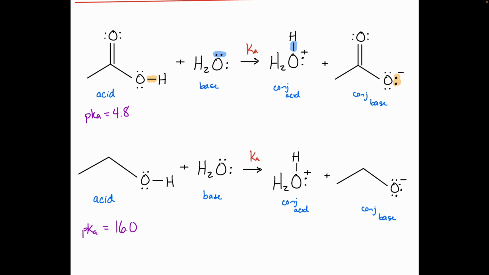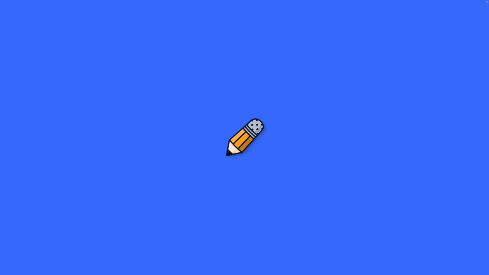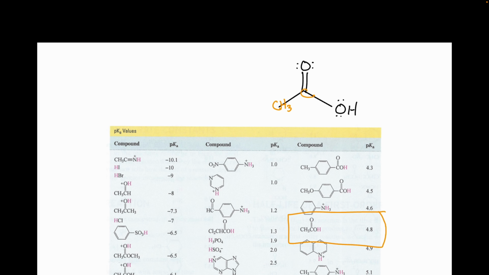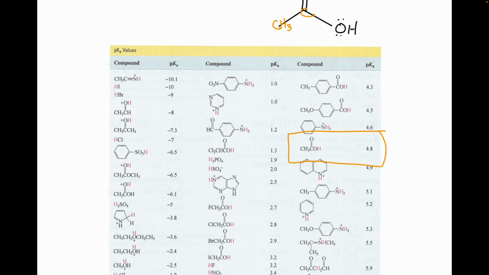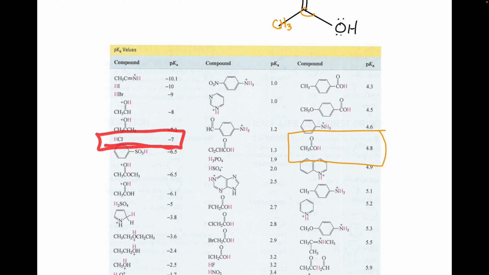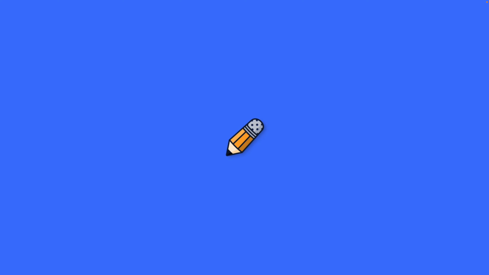The one on top with the lower pKa value. Just to go back to our chart, you can kind of convince yourselves by looking at these as well. The things that we think of as very strong acids, hydrochloric acid, for example, has this very, very small pKa value. So yes, the smaller the pKa value, the stronger the acid.